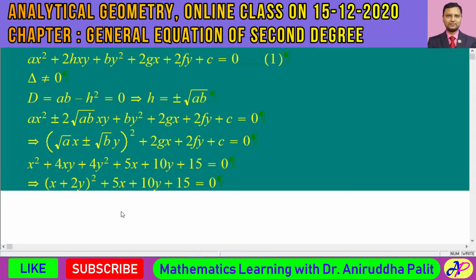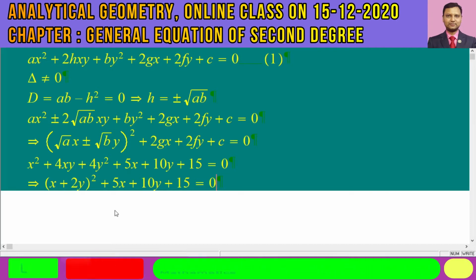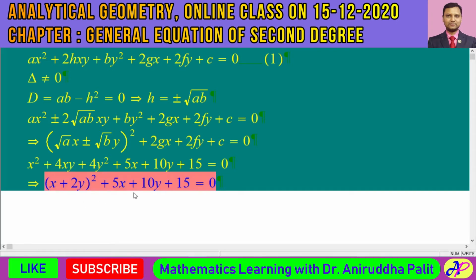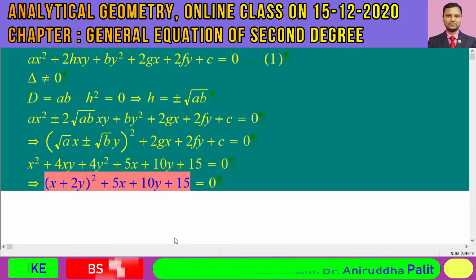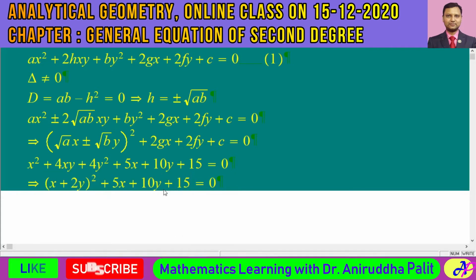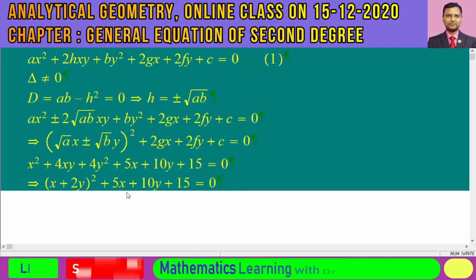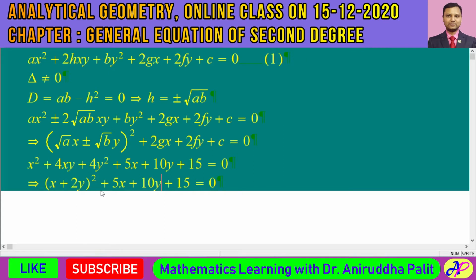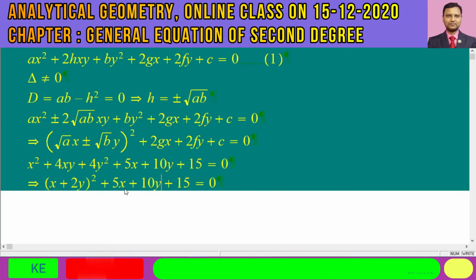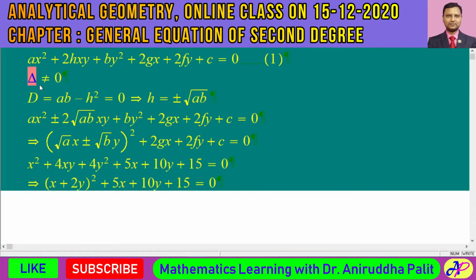But over here, if you observe it a bit carefully, you will find that this expression would generate a pair of straight lines, not a parabola. Why? Because in such cases, if you check, you will find that this delta would be equal to 0.